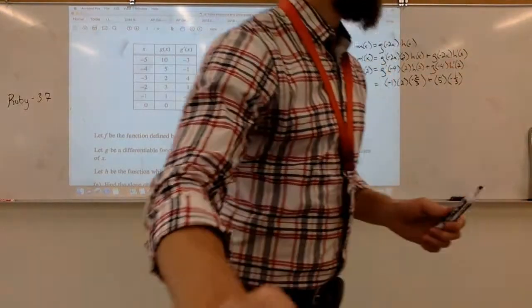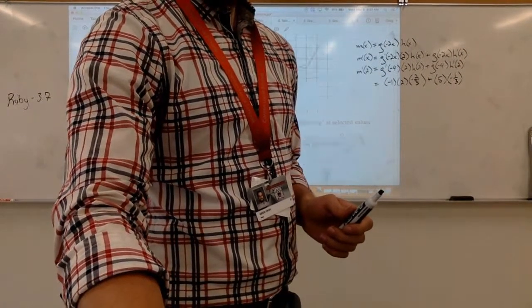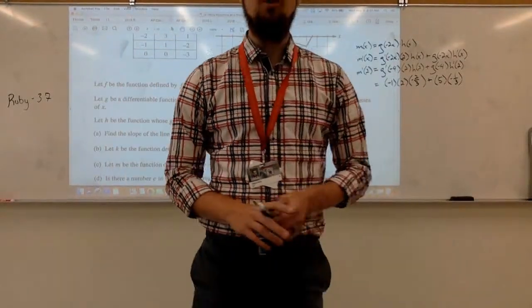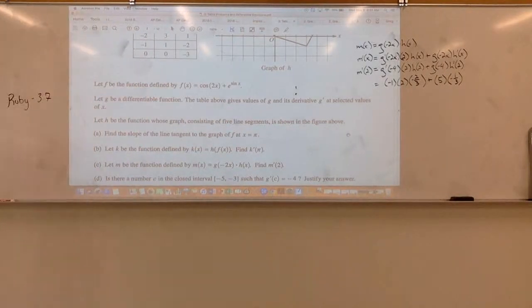All right. Part D then says, is there a number c in the closed interval -5 to -3 such that g prime of c has to equal -4?